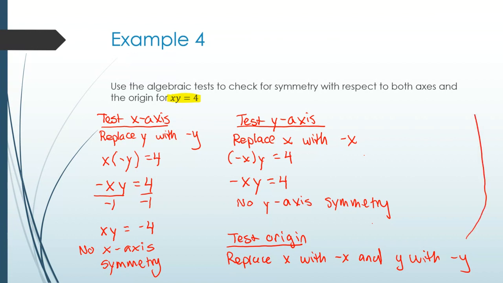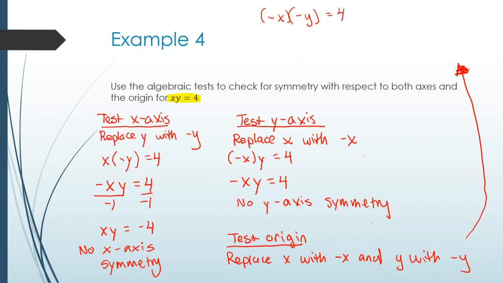And I don't have enough room here, so I'm going to just put this up here. So our equation is xy equals 4. I replace x with negative x. I replace y with negative y.